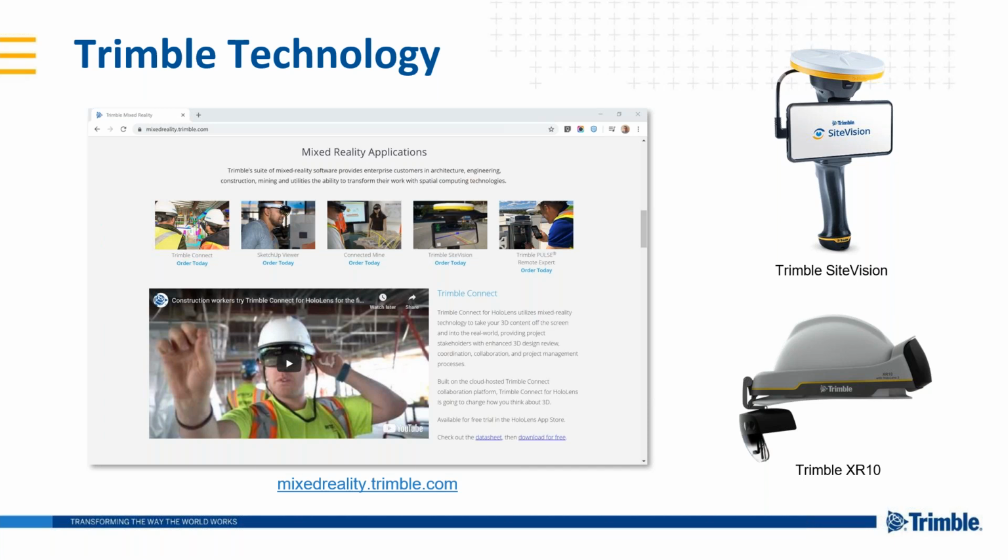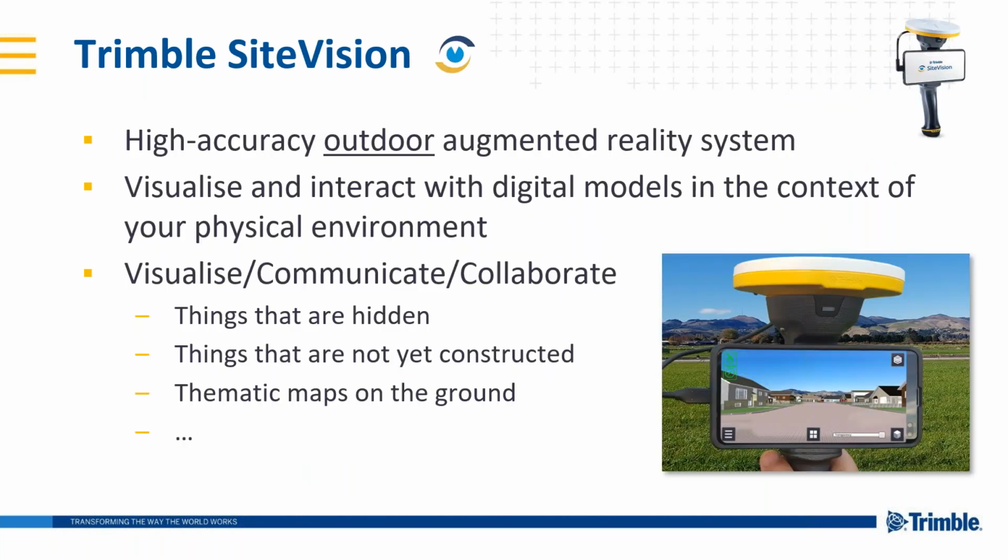And then we have the Trimble XR10 system, which is more designed for building construction applications, and that's based off the HoloLens 2 platform that comes from Microsoft. That is more suited to more constrained or indoor environments. I don't want to say it doesn't work outdoors, but it's certainly more suited to constrained environments. But what we're here to talk about today, of course, is Trimble SiteVision.